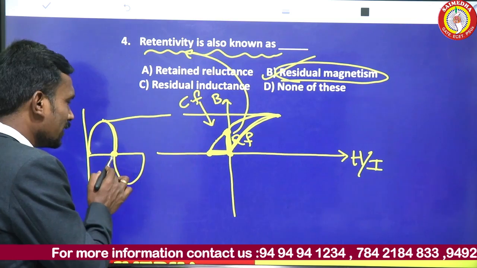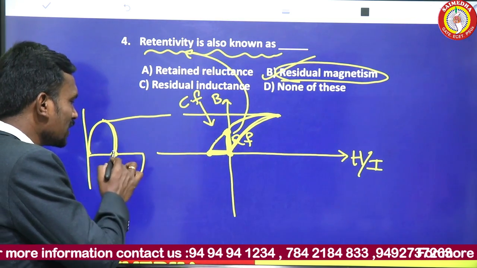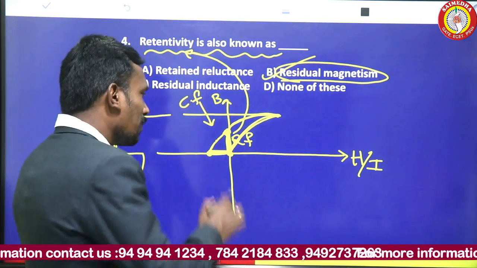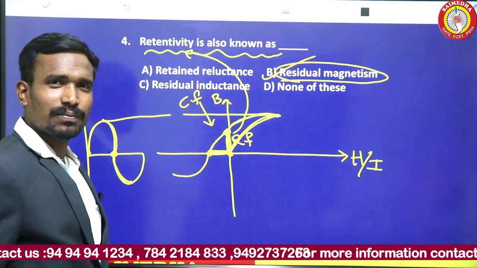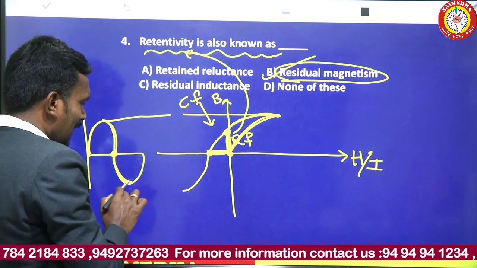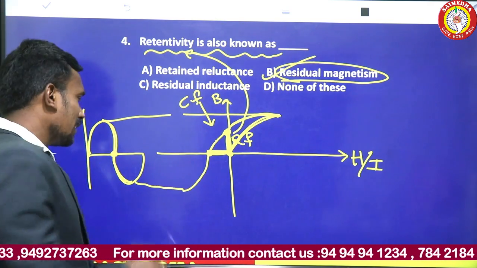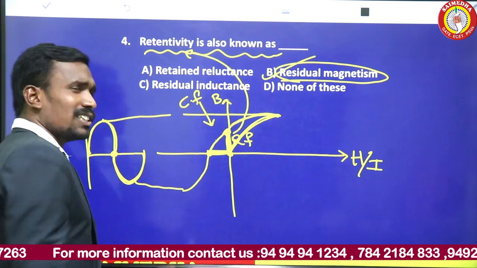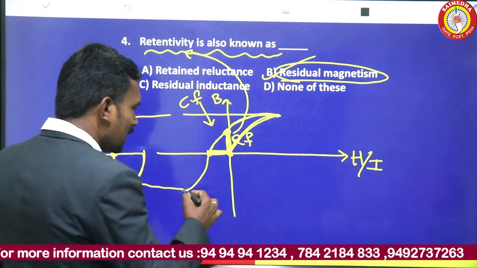When it comes to 0, then again magnetization in the reverse direction, like this up to maximum. Then again demagnetization in the reverse direction.